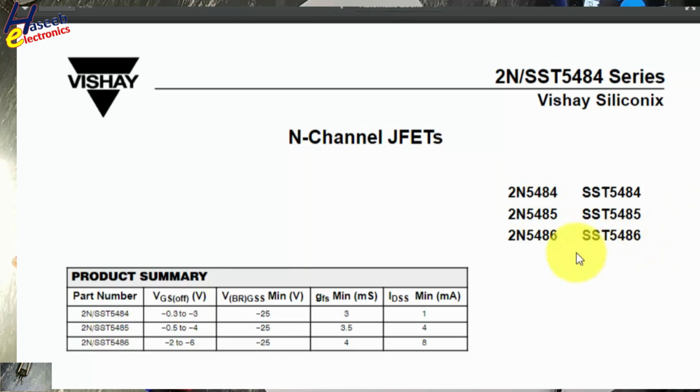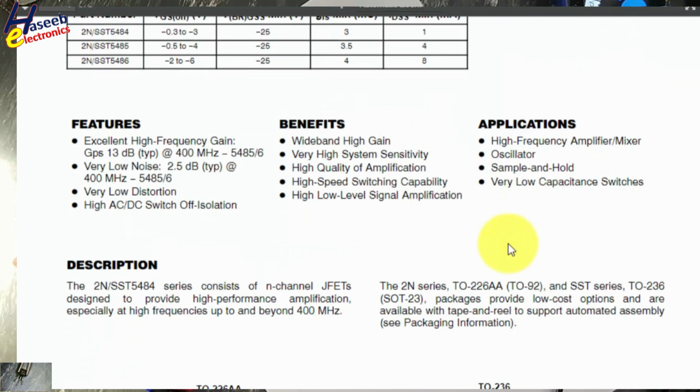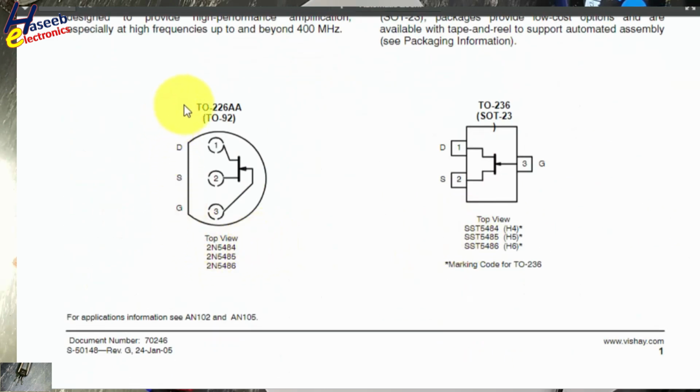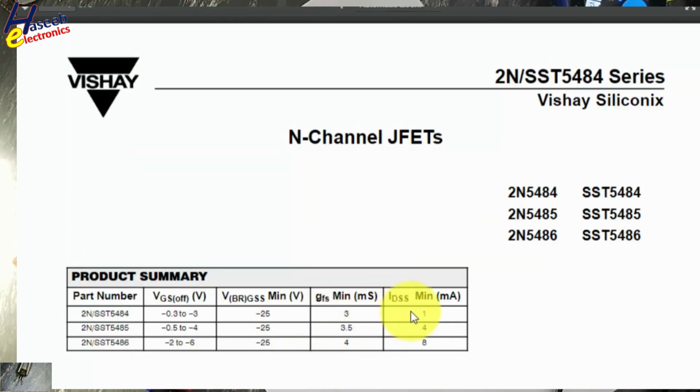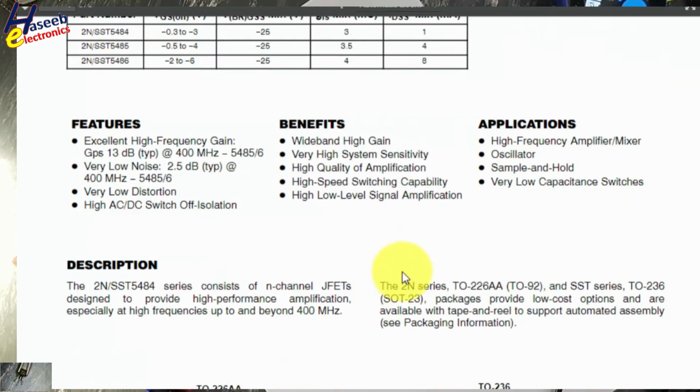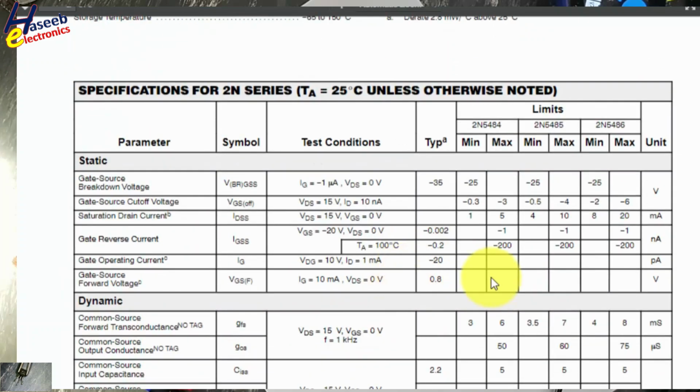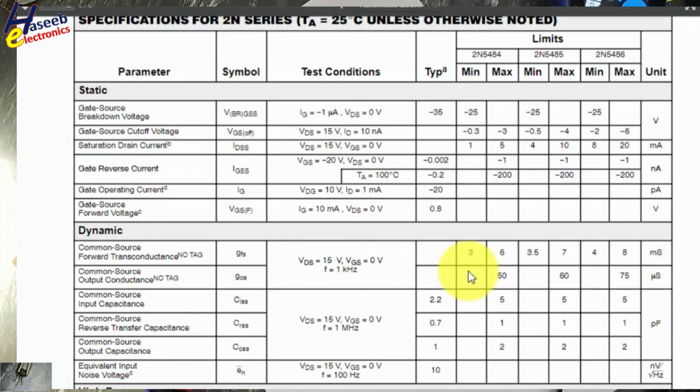These are 6 components. 2N series is in TO92 package, and SST numbers are available in TO236 or SOT23 package, SMD package. 25 volt and 30 milliampere, and it needs 10 milliampere current at gate to source.